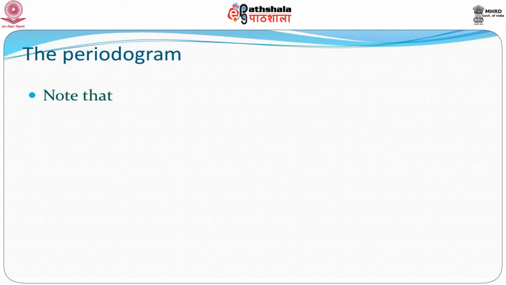Now, once we have these Fourier coefficients, let us look at what the sum of squares comes out to be. First of all, you can see that x bar is equal to a_0. If you go to the expression of a_j and take j equal to 0, you get x bar.